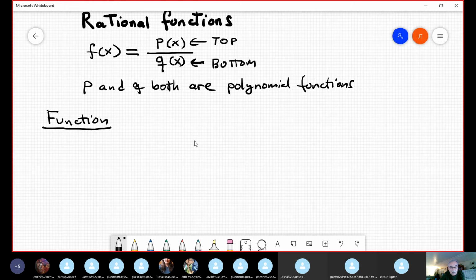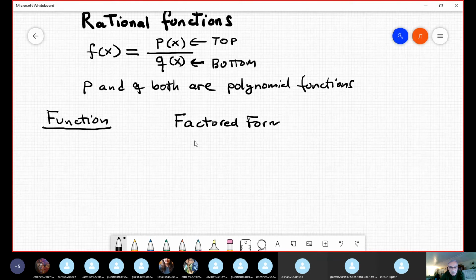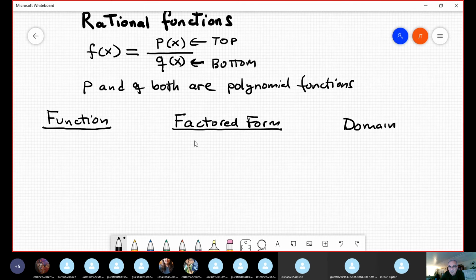I copy here in the second column the factored form of the function, the basic factorization. One function is given, and you factor the top part, and you factor the bottom part. And why not investigate the domain? Because it's completely different from the quadratic function. Quadratic function domain, you know, is always all real numbers. And the rational, no. Surprise.